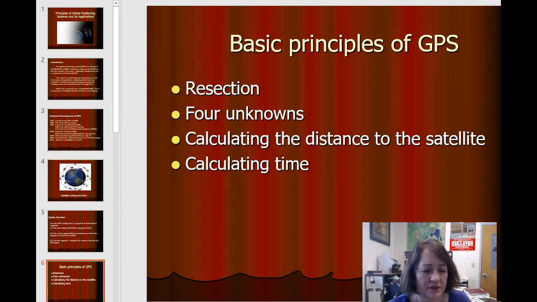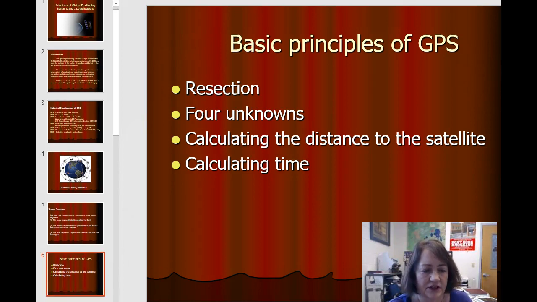So the basic principles of GPS: resection for unknowns, calculating the distance to the satellite, and calculating time. Now, it's sort of an interesting thing, but when we're talking about signals from satellites, basically they're traveling at the speed of light.